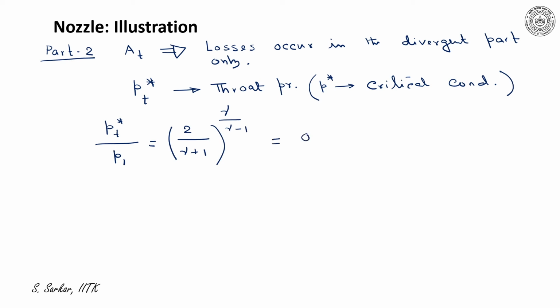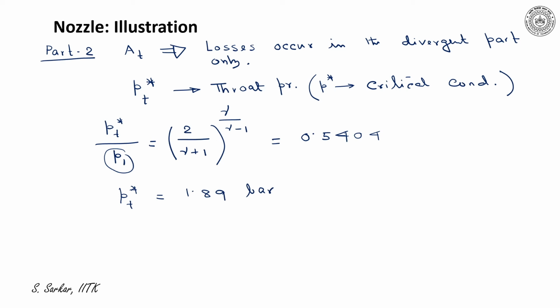This ratio is coming as 0.5404. So thus I can evaluate PT star as I know the value of P1. So PT star will be 1.89 bar.